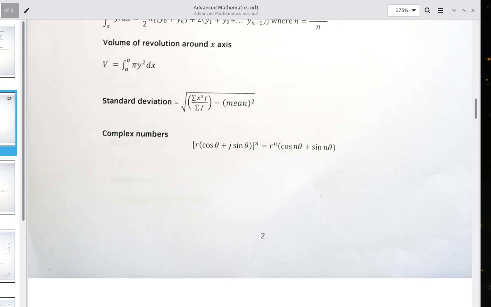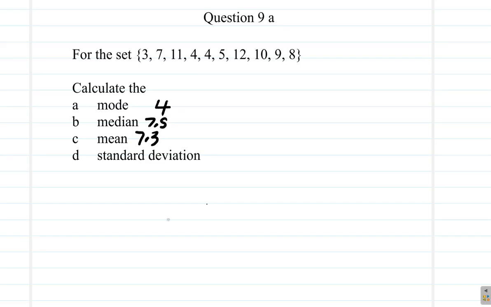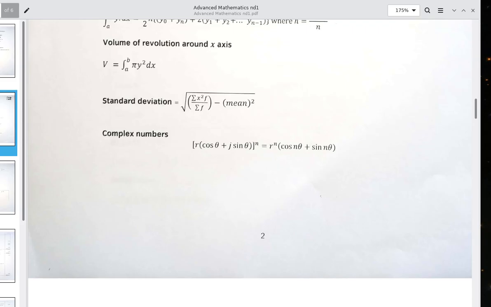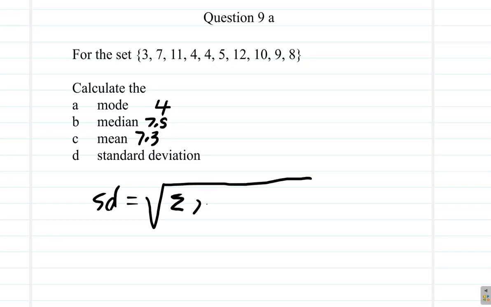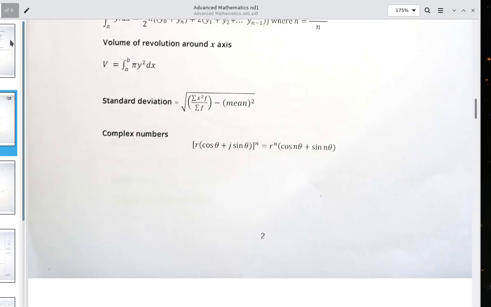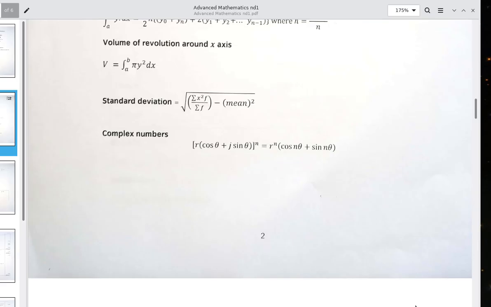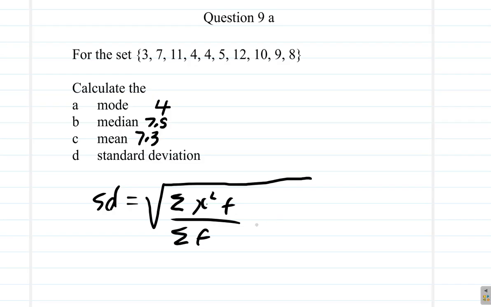The standard deviation is the square root of the sum of x squared f over the sum of f, minus the mean squared. Sometimes mean is given as bar x squared.